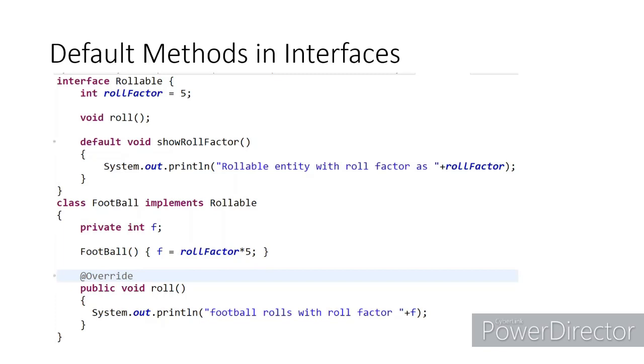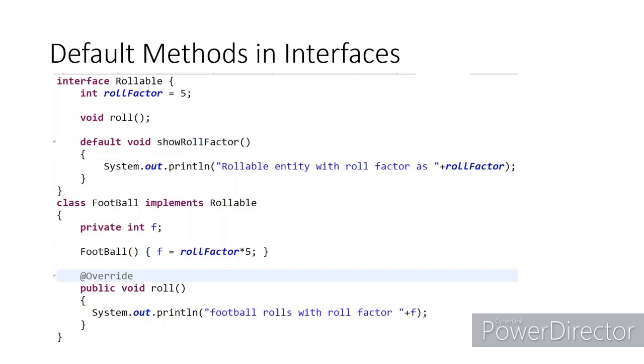Instead of this, what I required was some functionality which will allow me to easily add my new functionality inside my interface without breaking the existing implementation classes. That is, I should be able to add the functionality for show roll factor inside my rollable interface and give the implementation for it.